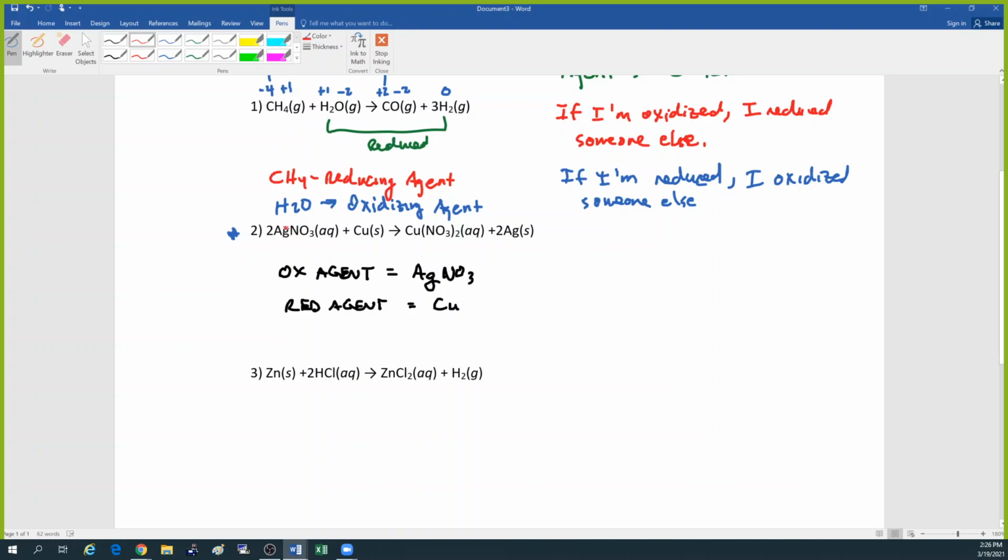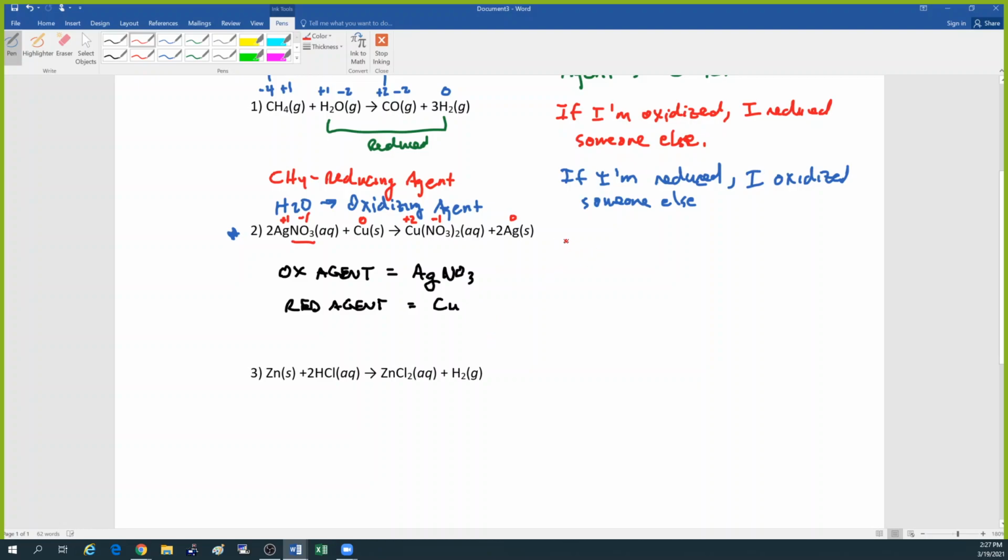So in this one, silver is a weird one because it's always +1 in compounds. The nitrate as a whole is -1. The copper as a free element is 0. Here, the nitrate being -1 and having 2 of them makes the copper +2. And here, the free element silver is 0.